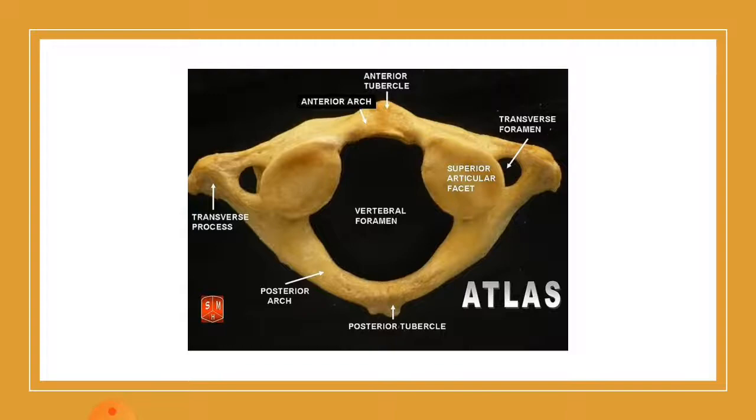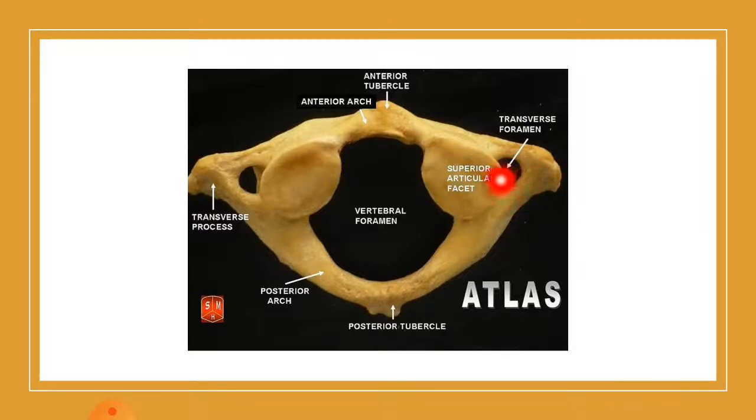This is the atlas vertebra, and we know that the atlas is the C1 vertebra, and this is basically a ring of bone, and it does not have a distinct body or a spinous process. You can see that it does not have a distinct body and a spinous process like others, and it has two short transverse processes.